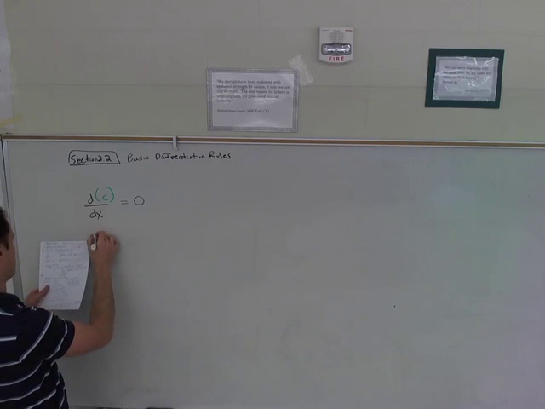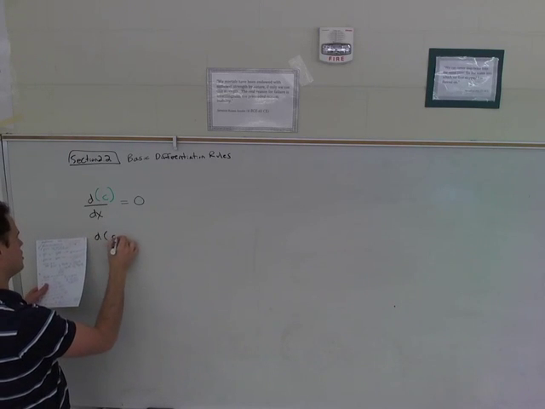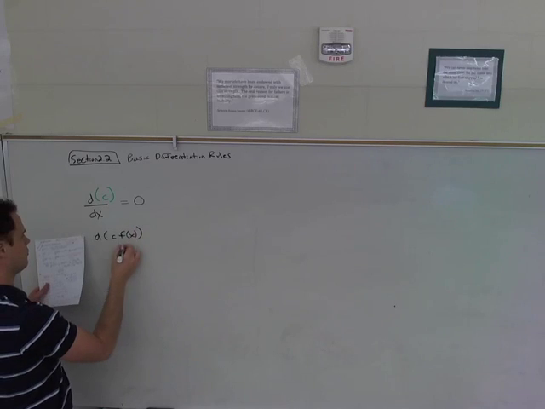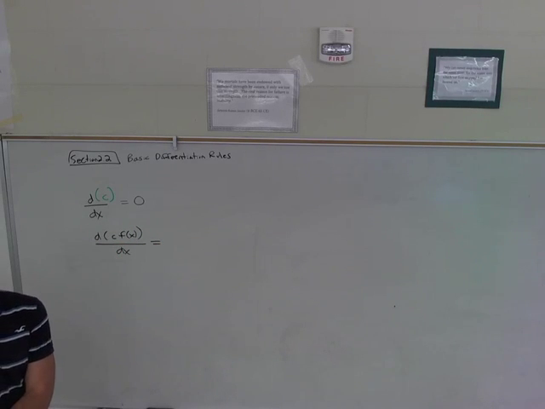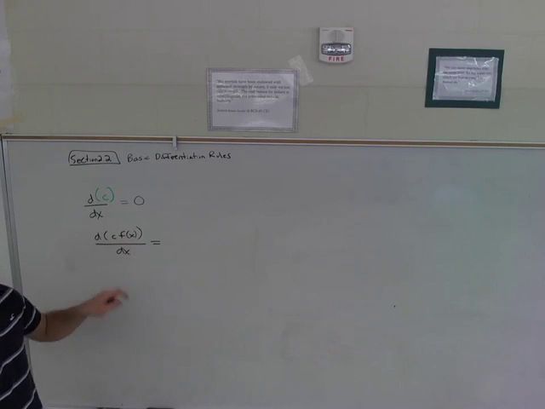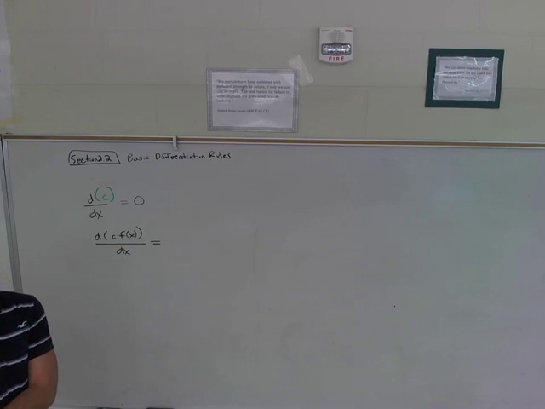Okay. The derivative of c times any function works just like a limit. So how does it work? So let's say you don't know what this function is, but you have a constant multiplied by it. For a limit, how do you do that?